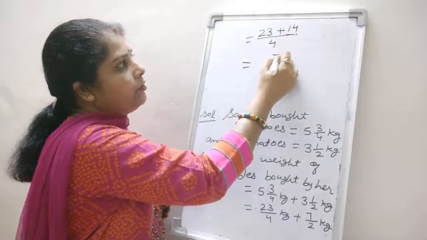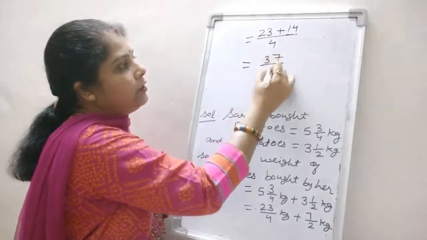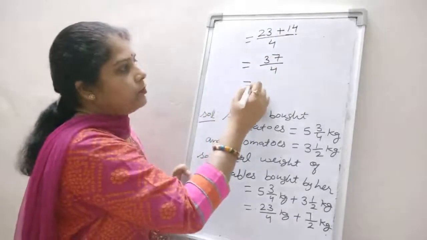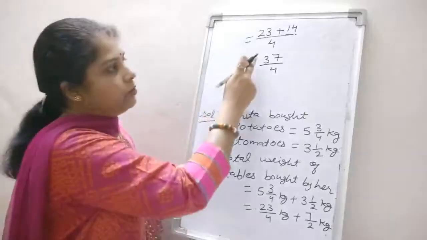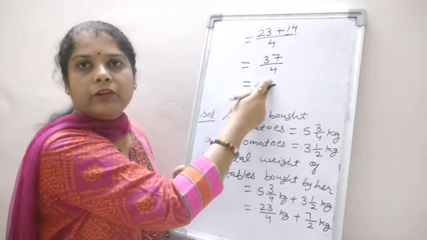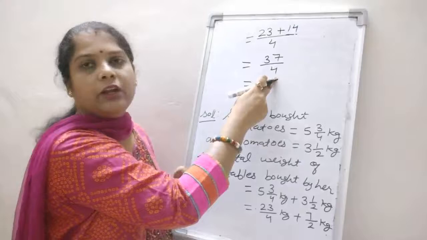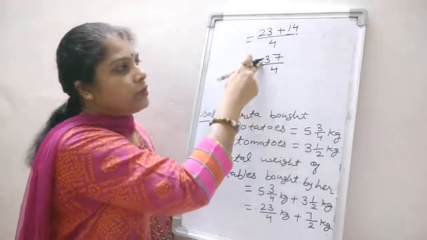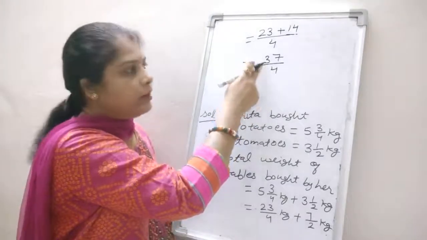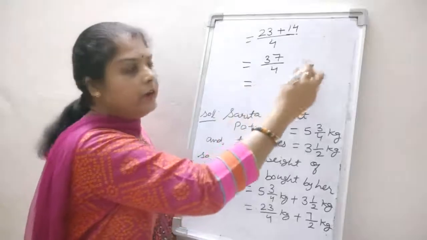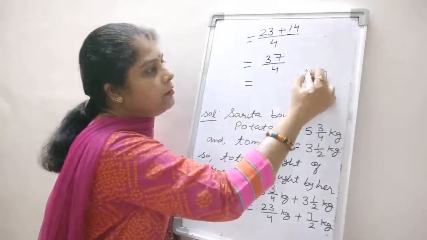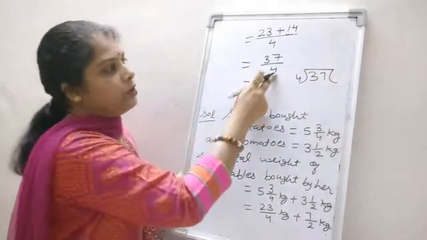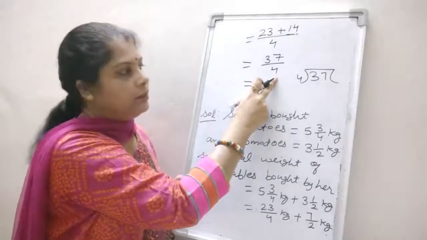Now add them up. 23 plus 14 is 37, so 37/4. So this is an improper fraction. We will convert this into a mixed fraction. Verbally we can do this, and by division also we can do this. Now 4 9s are 36.